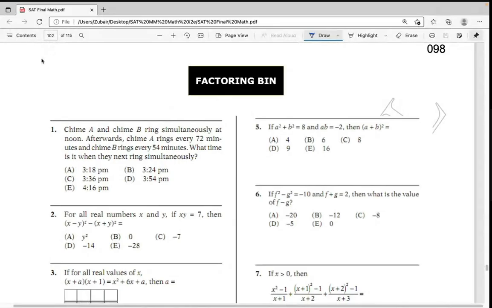I hope you remember these formulas: a plus b whole square, a minus b whole square, a plus b into a minus b. Do you remember them? Yeah.